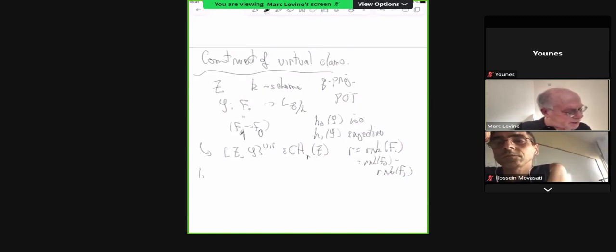The first part is, we assume, since it's quasi-projective, Z sits inside as a closed subscheme of some smooth K-scheme Y. And then associated to this, we have the normal cone.